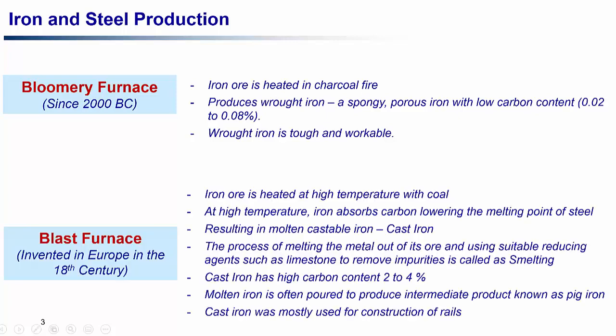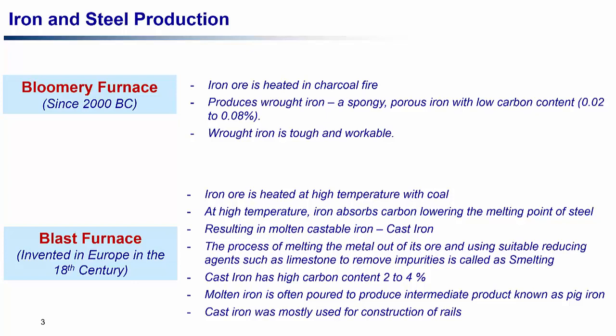But the production of iron in ancient times was severely limited as high temperature could not be achieved in bloomery furnaces. In the 18th and early 19th centuries, blast furnaces were invented in Europe. Blast furnaces made it possible to heat iron ores at very high temperature and to produce iron in large quantities for industrial use.